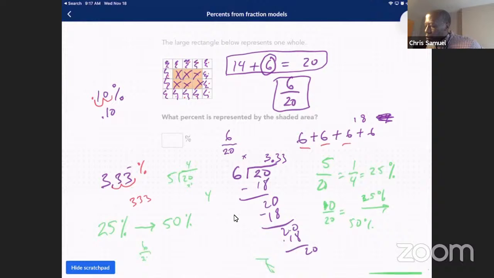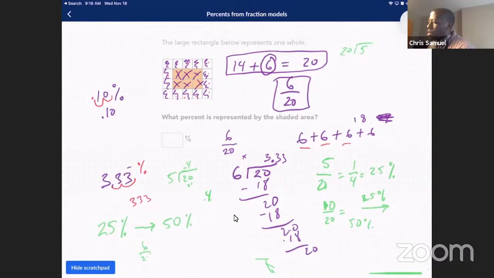We would start here, and we go. Oh wait, no. Yeah, it's actually a decimal there, because I think I'm actually doing the problem differently.